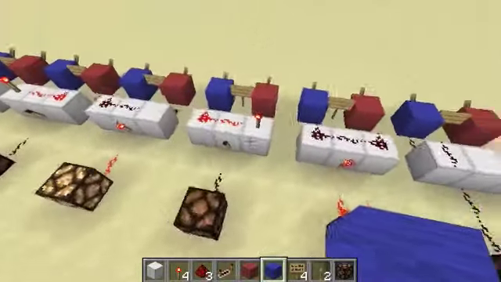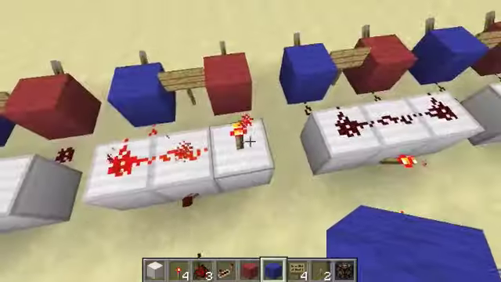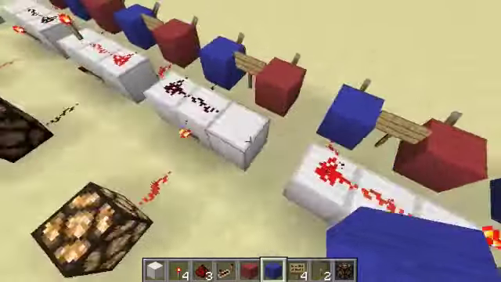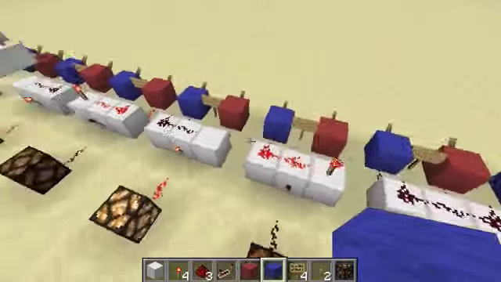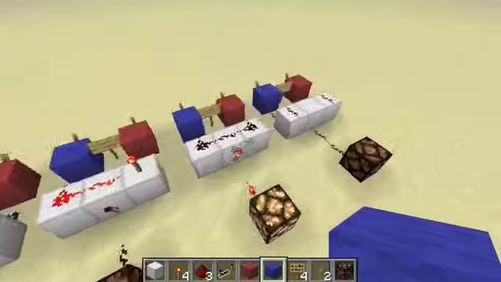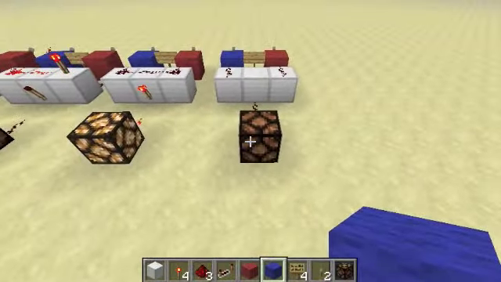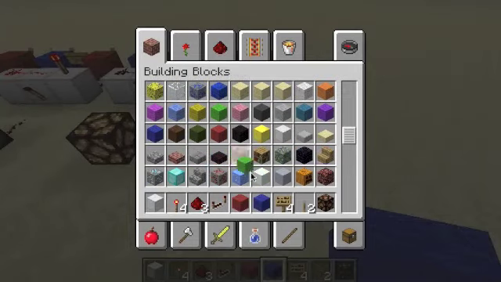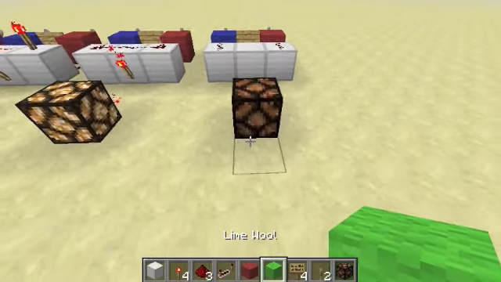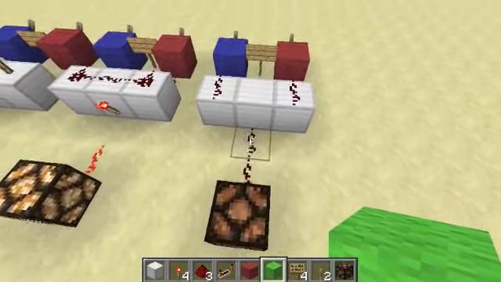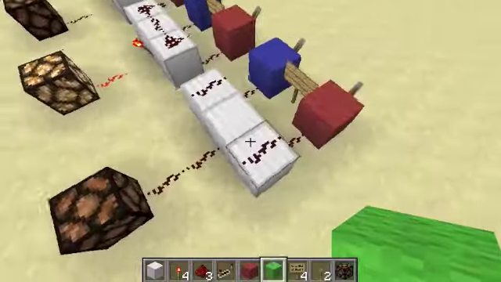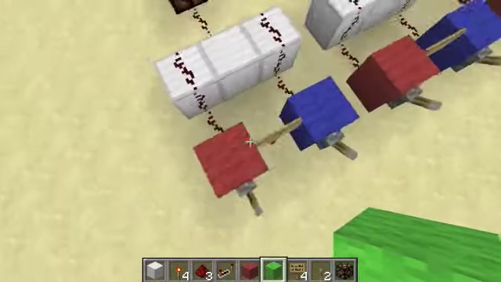Symmetrical logic gates are those which do not have any kind of difference between the two inputs. Basically, you're performing the same function on both inputs regardless. So I'll just put a little lime wool next to the symmetrical gates just to clarify that they are symmetrical.